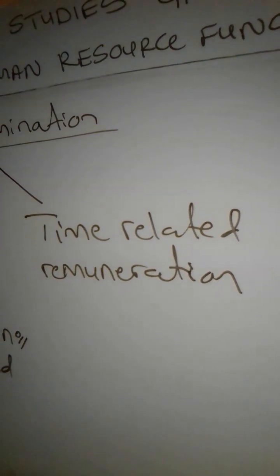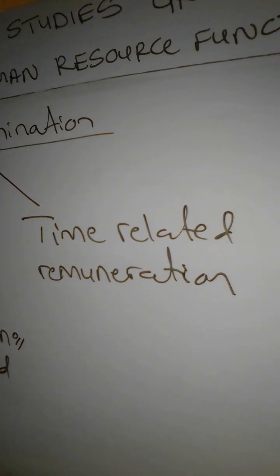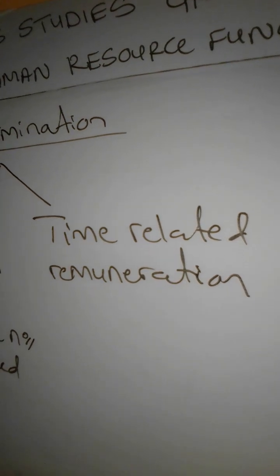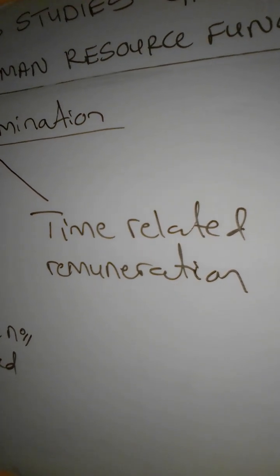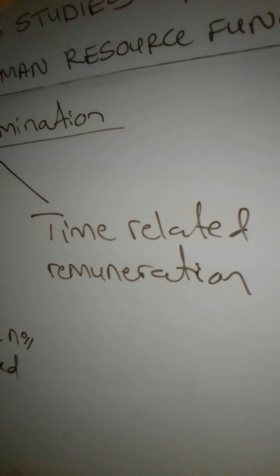If you are getting a wage, you will be given the money that is equivalent to the number of hours that you have worked for the week or for the fortnight, and then they give you your remuneration according to that.